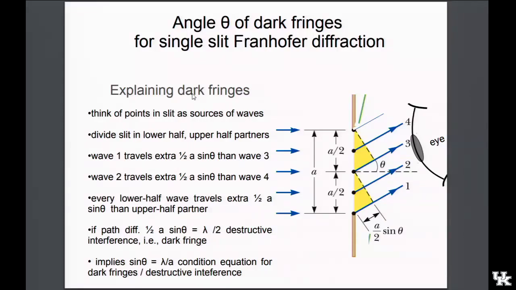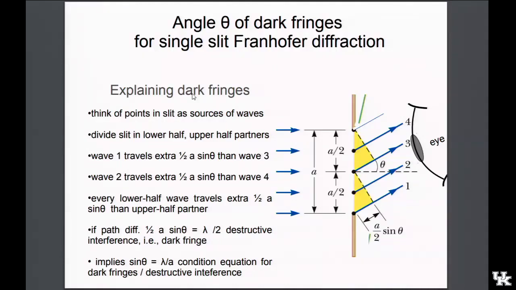This extra distance is just a little bit of trigonometry of a right-angled triangle with a hypotenuse that's half the width of the slit. The extra distance here, a divided by 2 times sine theta, is the opposite side of a triangle with theta in this corner here. If this extra distance is half a wavelength, or 3/2 a wavelength, or 5/2 a wavelength, you're going to get destructive interference.